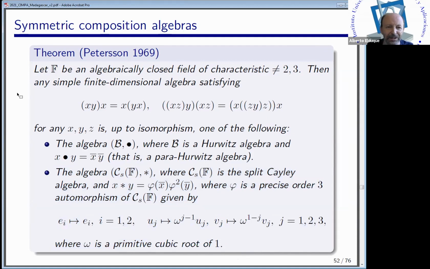So although this theorem is much previous to the work of Okubo, and it's not a theorem about composition algebras, with hindsight, after all the work by Okubo, Osborne, and other people, this had to be the Okubo algebra. So actually, this is the first appearance of Okubo algebras in the literature, but in characteristic different from 2 and 3, and only for algebraically closed fields.